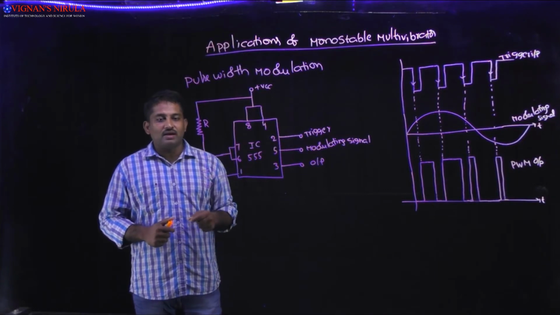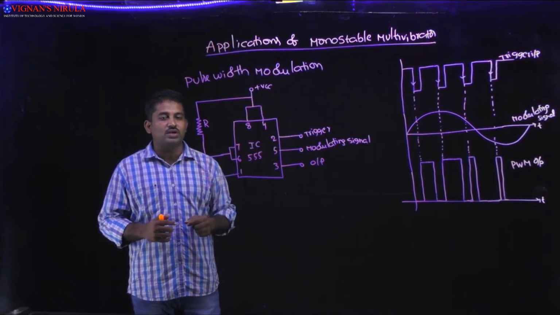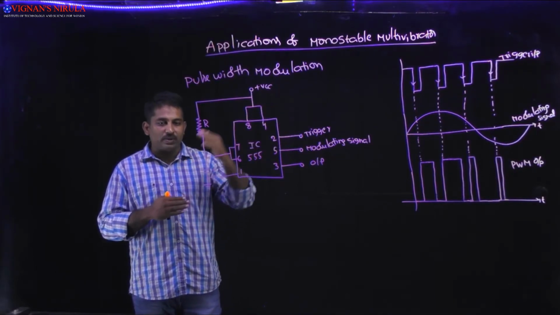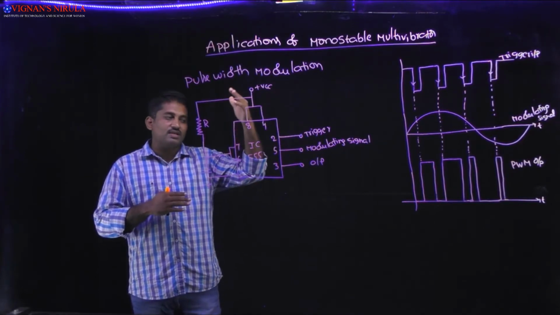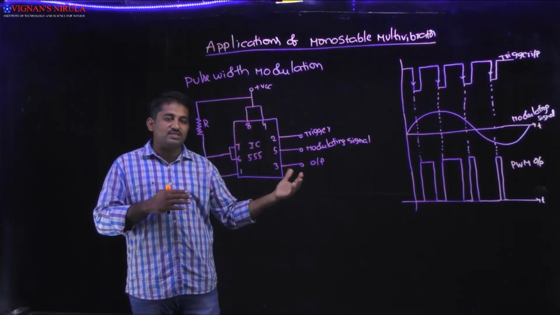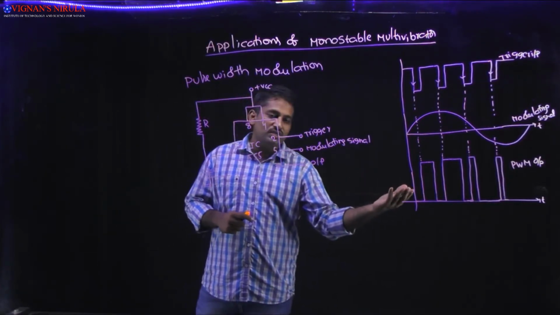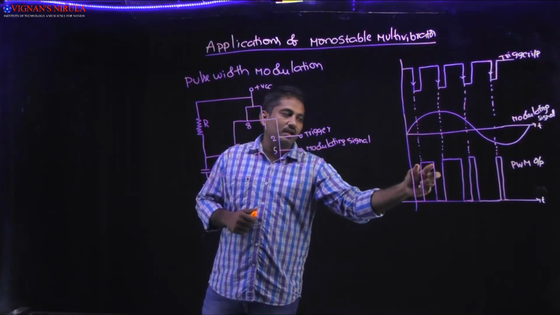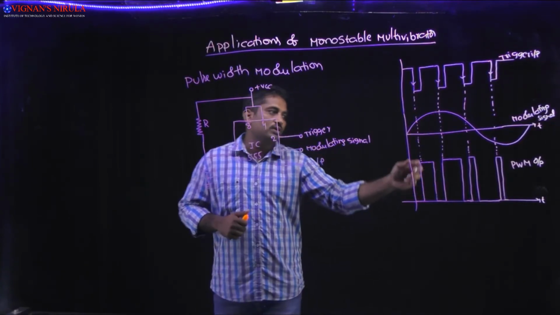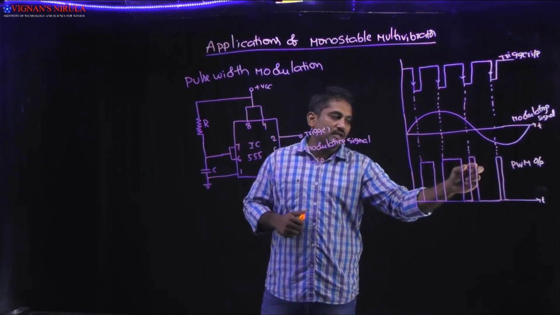Internally the control voltage is fixed to 2/3 VCC, but upon the application of this modulating signal, for the positive pulses the control voltage increases, and for the negative pulses the control voltage decreases. In this circuit, for the positive voltages we get a large pulse width, and as the voltage decreases, the pulse width automatically decreases.